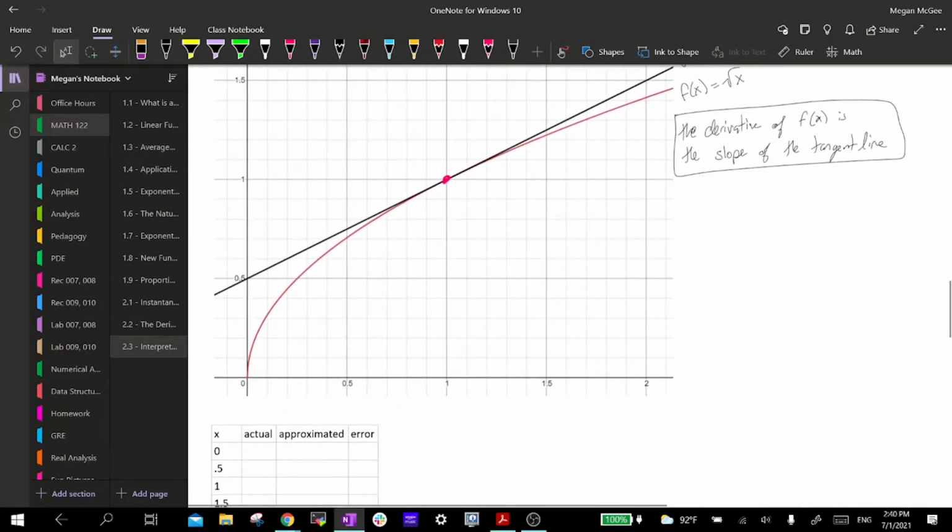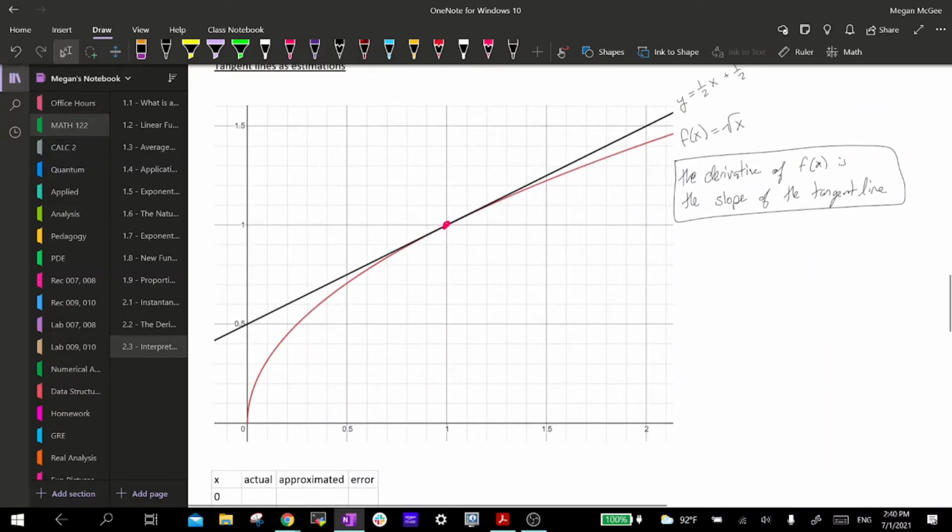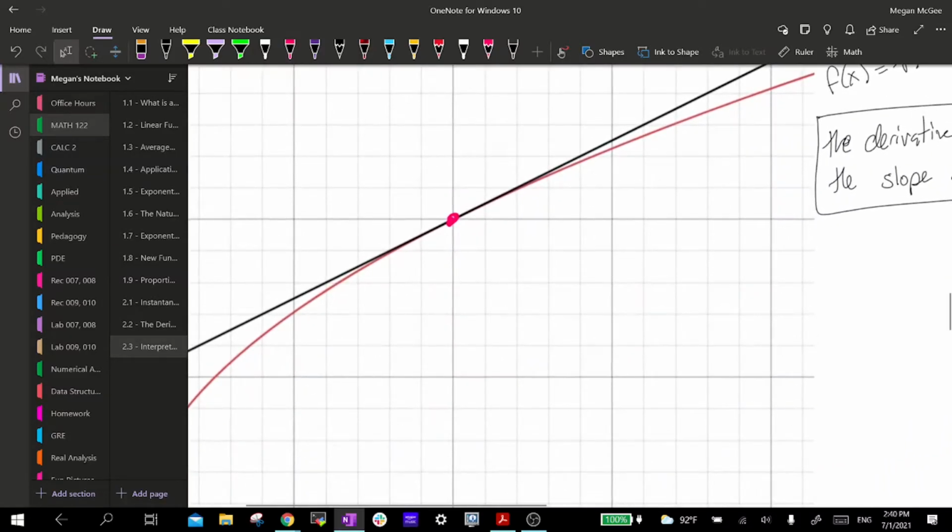So what we notice about our graph here is that near our point x is equal to 1, which is right here, nearby, I'll go ahead and say roughly here to here, our function and our derivative line match really well, don't they? They almost overlap perfectly.